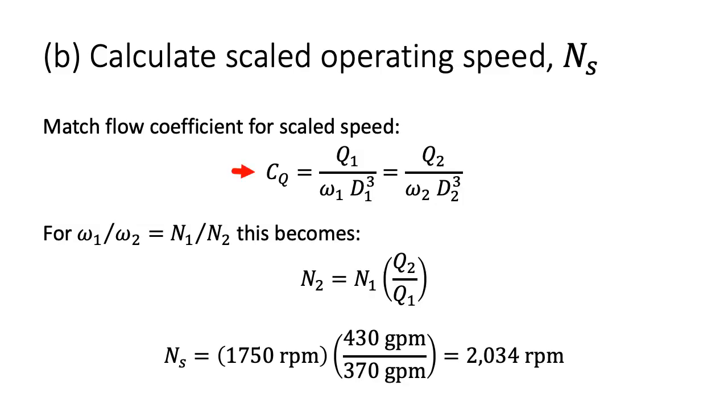To simplify this equation, first note that the ratio of the angular velocities and the ratio of the pump speeds are the same. Second, the diameter is constant. Thus, we get that the ratio of the pump speeds is proportional to the ratio of the volumetric flow rates. Solving for our scaled operating speed, we get 2034 RPM.